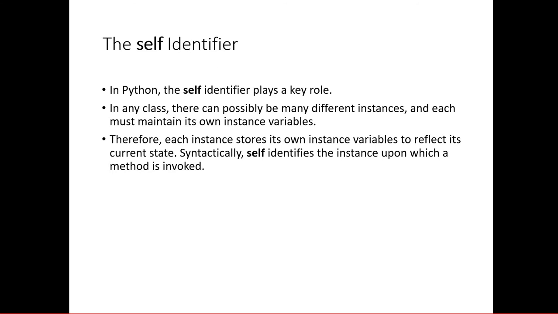In this particular case, self identifies the object itself. So self always indicates that the same object is accessing the data. Having said that, let's look at an example.